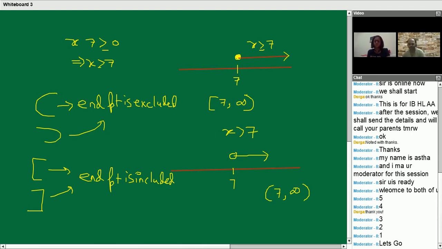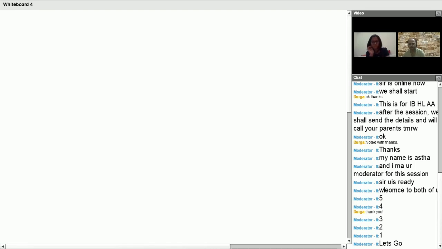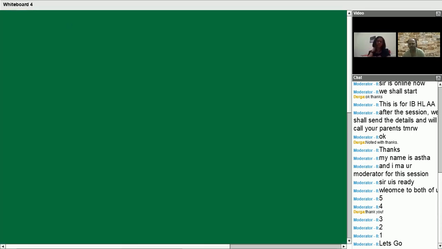Okay, let's come to one more example. Here we can consider f of x equals the square root of x square minus 9. So how are we supposed to find the domain? X cannot be negative 3 or 3.